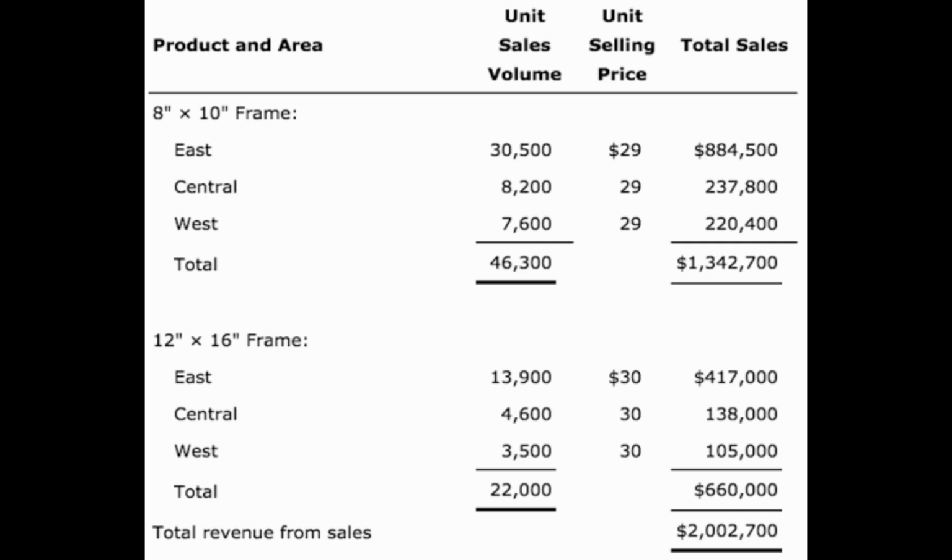So for total revenue from sales, I get this because I add the total sales for 8 times 10 frame and 12 times 16 frame total, with the total of $2,002,700.